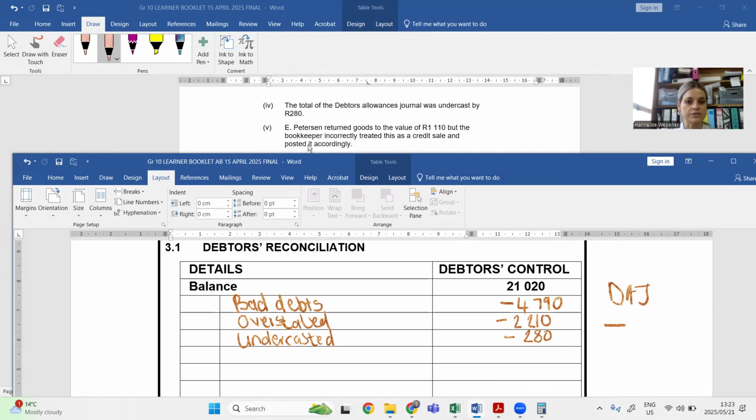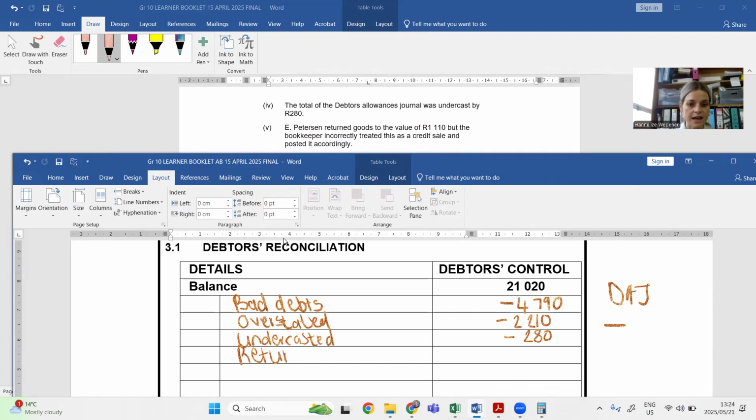However, the bookkeeper didn't do that. The bookkeeper said this is a new credit sale. Therefore, I must correct what went wrong.